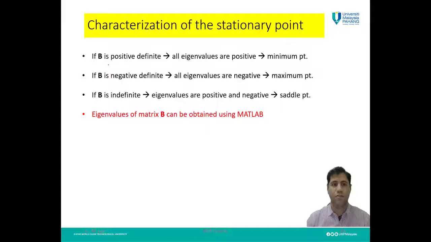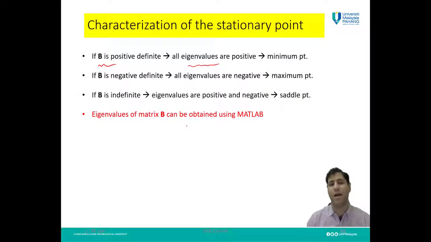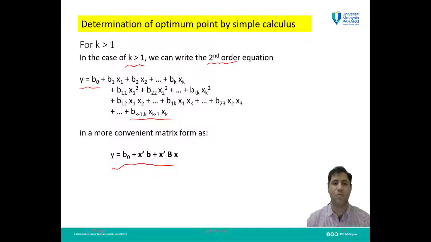And according to B and the eigenvalues, if you want to know more about the eigenvalues and the process to solve this equation, you may go back and study more simple calculus and mathematics, how to solve this equation, which has this amount of different variables.